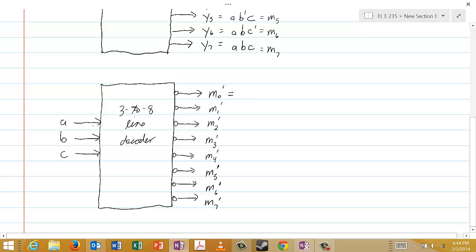But as we learned several weeks ago, the complement of little m0 is the max term, capital M0, and likewise the complement of the min-term m1 is the max term M1, and so on.